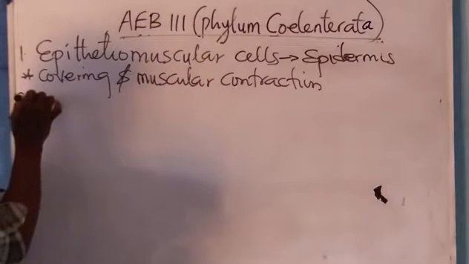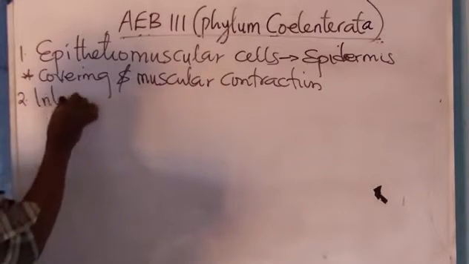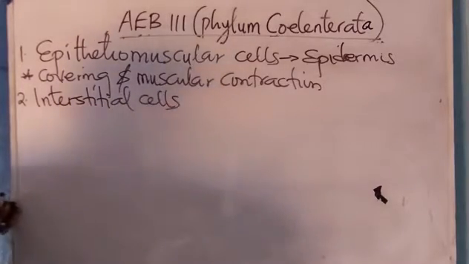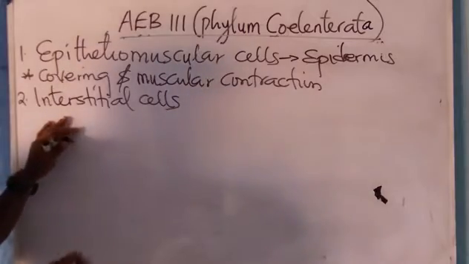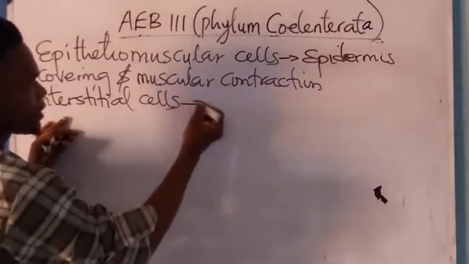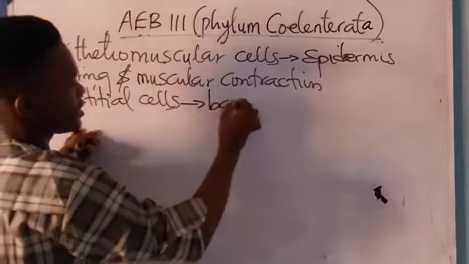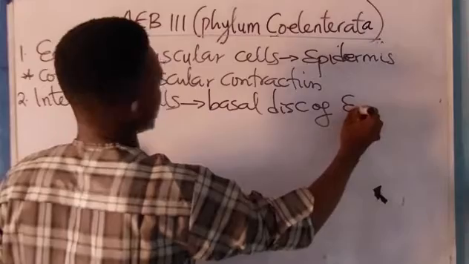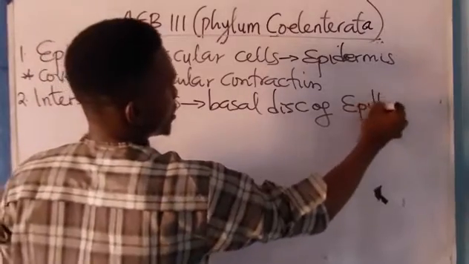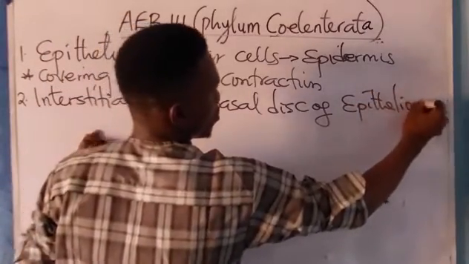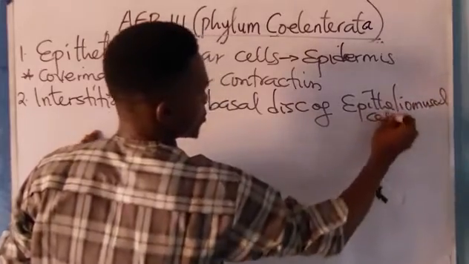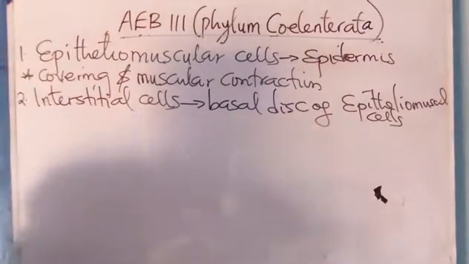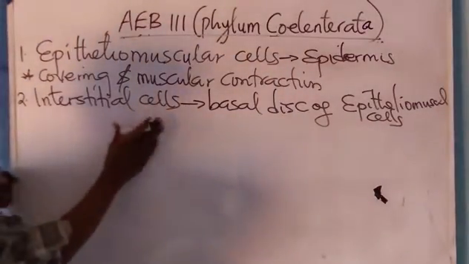Number two are the interstitial cells. These interstitial cells are found on the basal disc of the epitheliomuscular cells. What is the function of these interstitial cells?